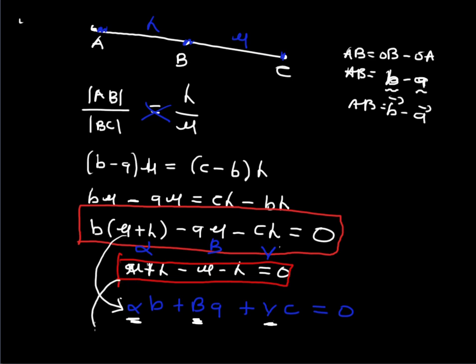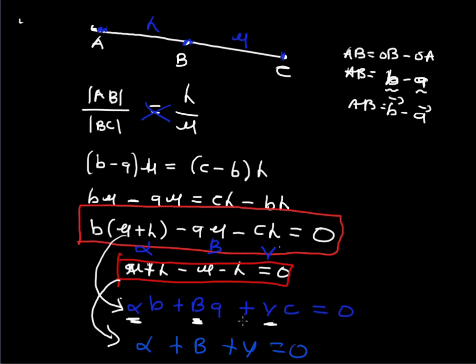Therefore we can also rewrite the other expression as alpha plus beta plus nu equal to 0.